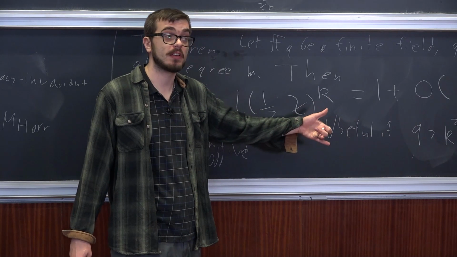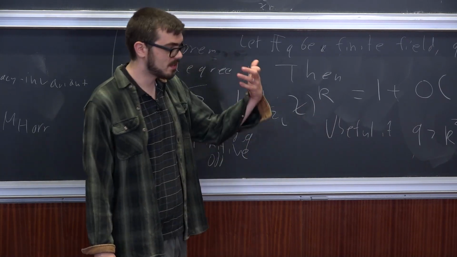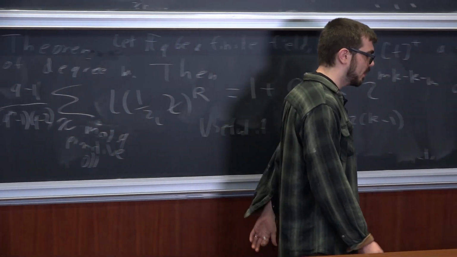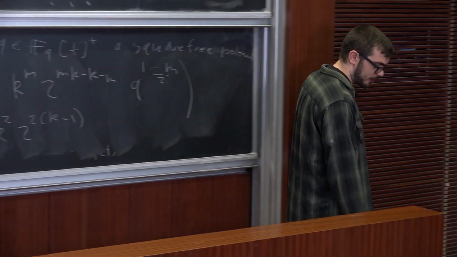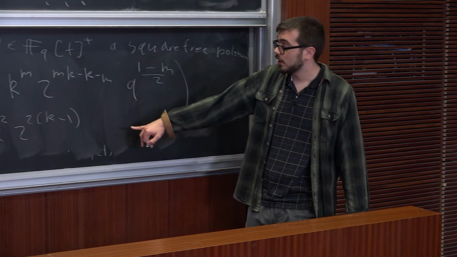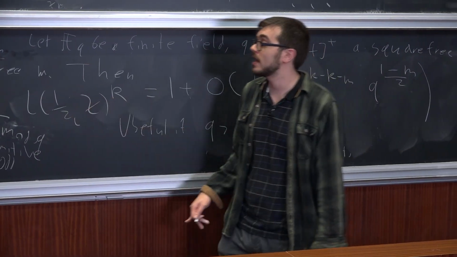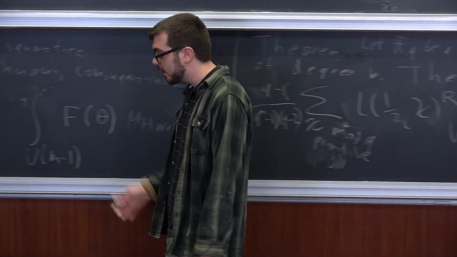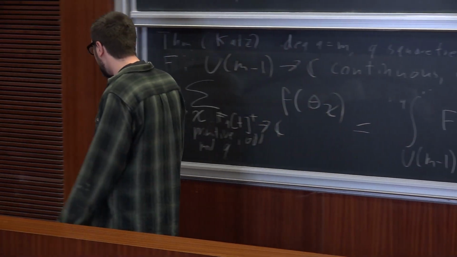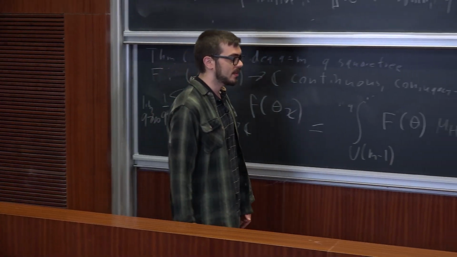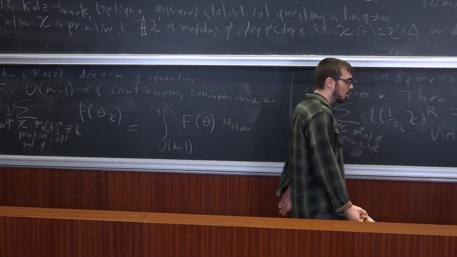Typically in number theory, you'd prove it for the first moment, or the second, or the third, or the fourth, maybe up to the 8th moment. But for q sufficiently large, I can prove this for like the 2000th moment. I can prove it for any moment I want. And so that is the power that's available in this finite field setting that is not really viable over the integers.